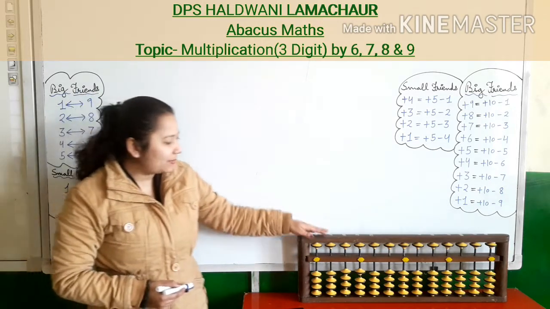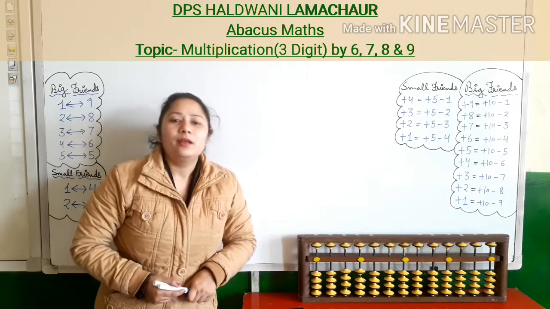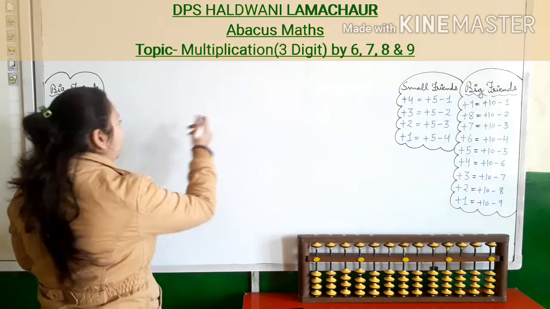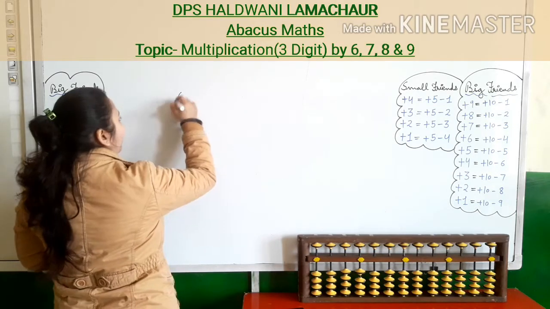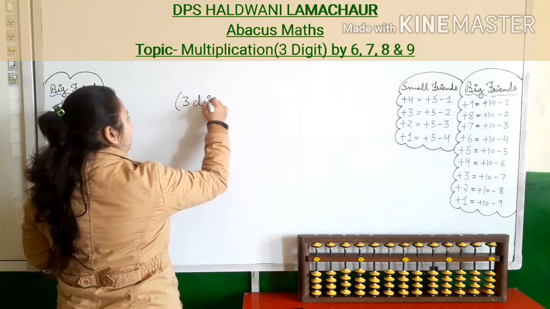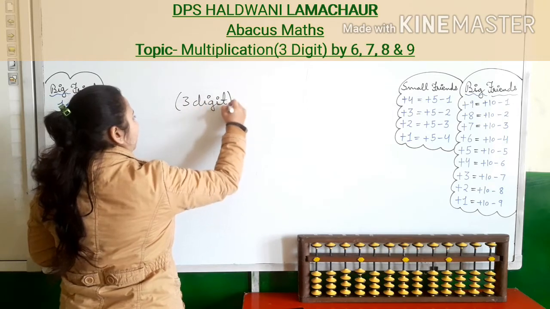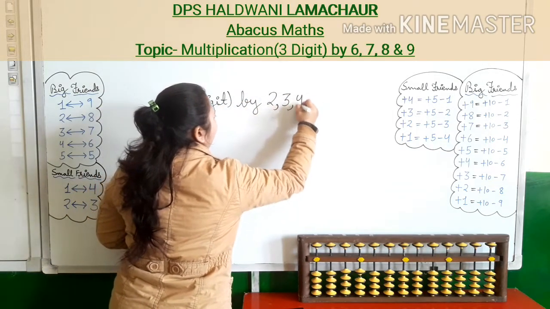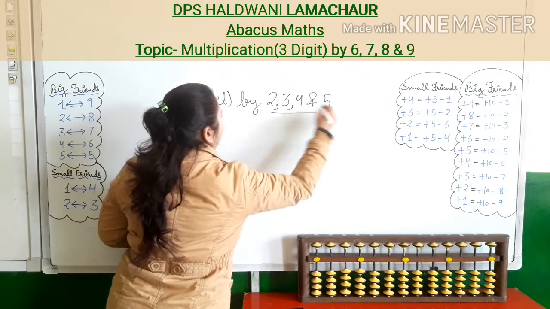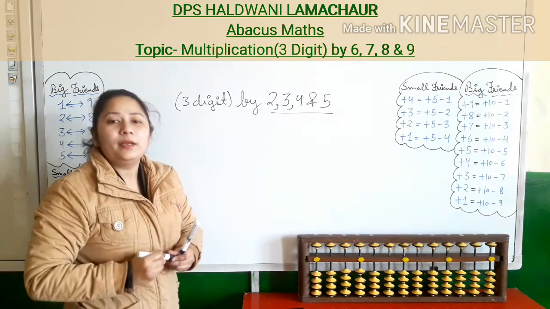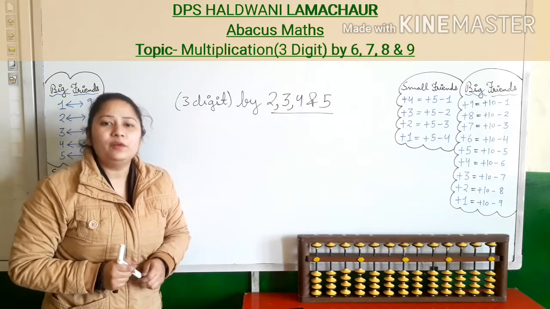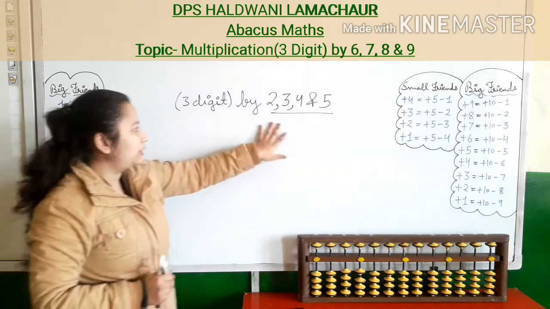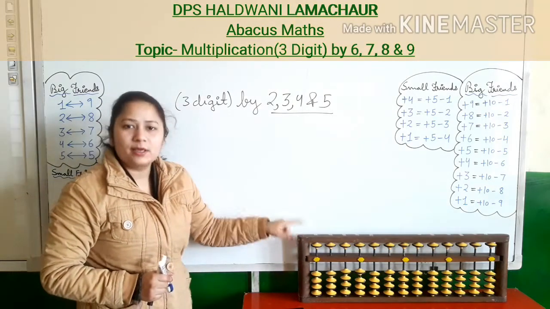So students, our today's video topic is multiplication of a 3-digit number by 6, 7, 8 and 9 by using Abacus Tool. Now students, in my previous video, I told you how to multiply a 3-digit number by 2, 3, 4 and 5 by using this tool.